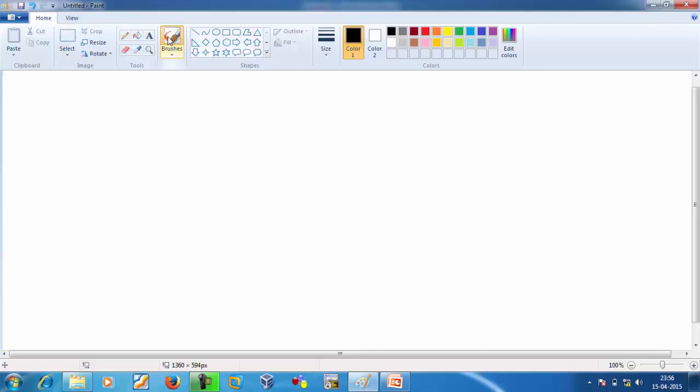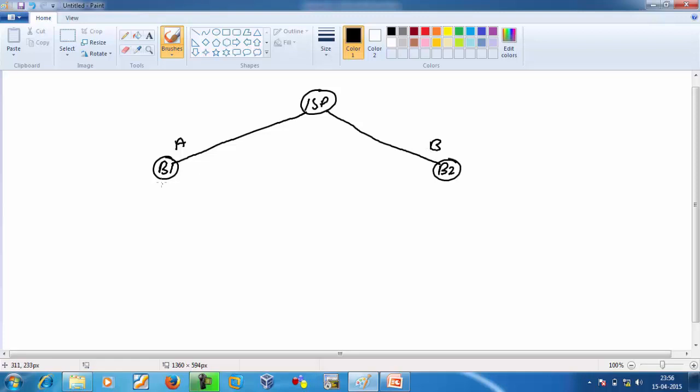Please have patience here. Okay, we have branch 1, and we also have branch 2, and here we are connecting with the ISP. We are connected to each other via the ISP. Okay, A, B are public IPs, C, D are private IPs.